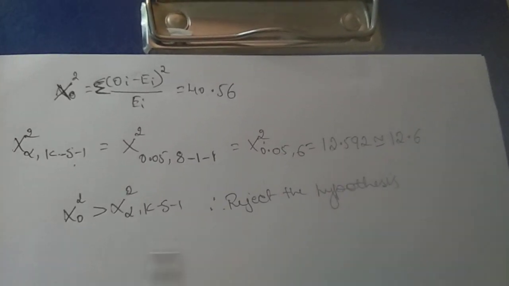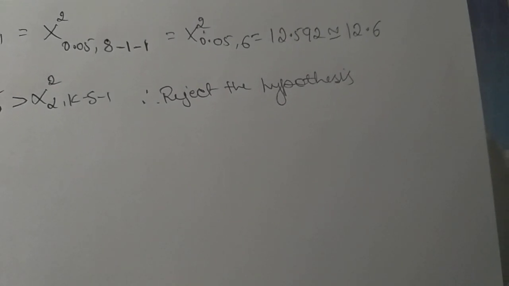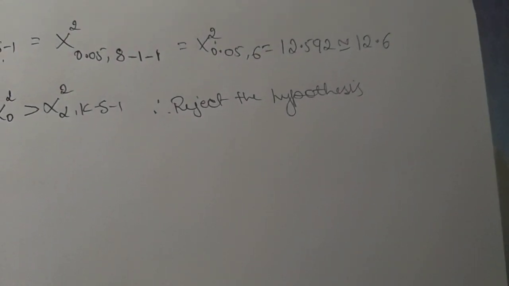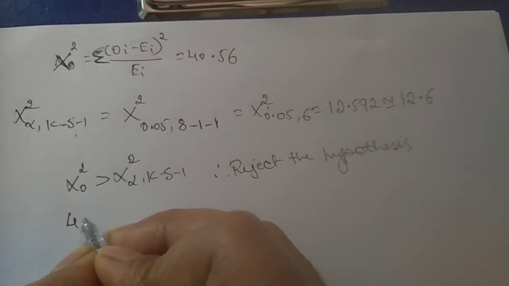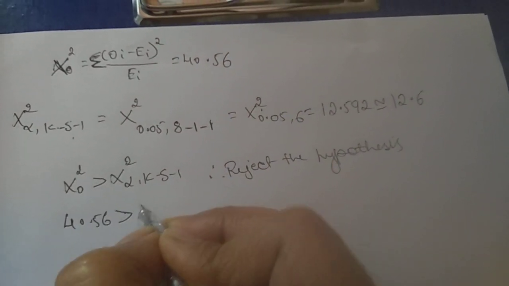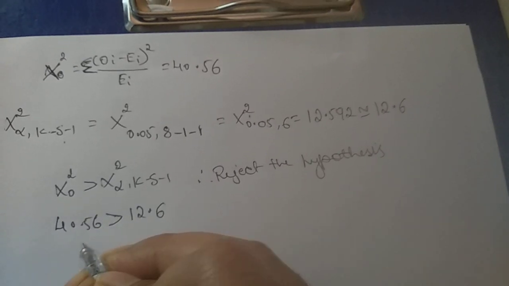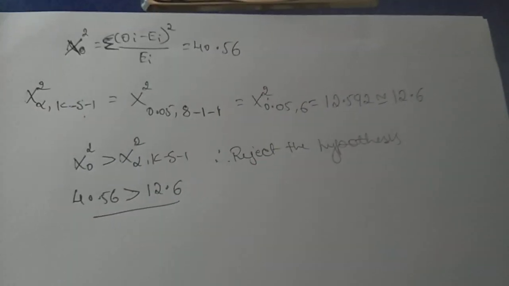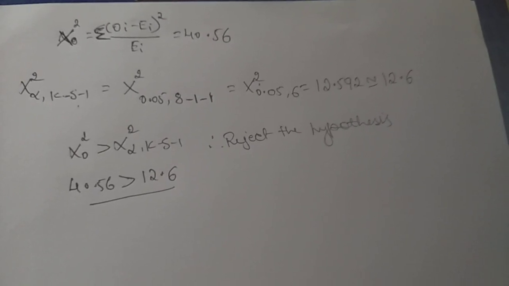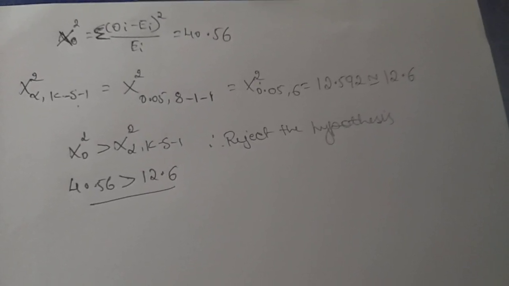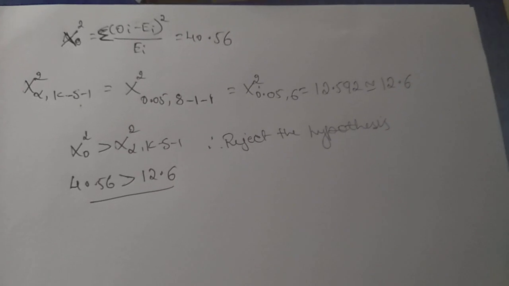If it is less than, then you have to accept the hypothesis. See here, we have got 40.56, which is greater than 12.6. So you have to reject this hypothesis. Okay, this is your goodness of fit chi-square test using exponential distribution.